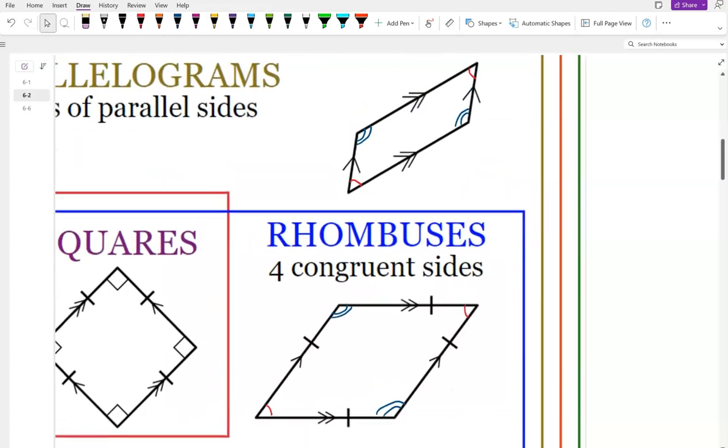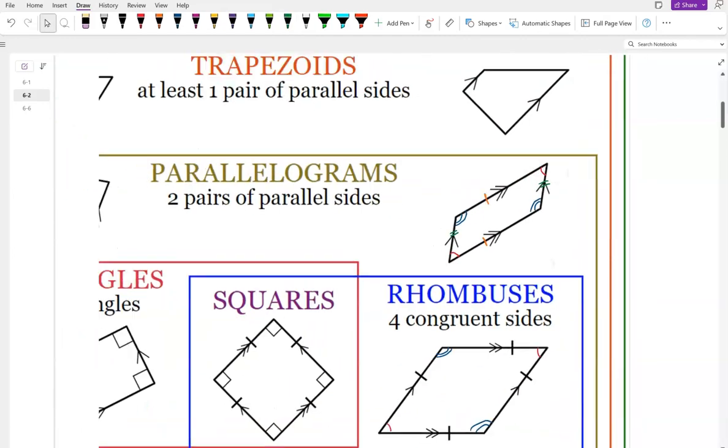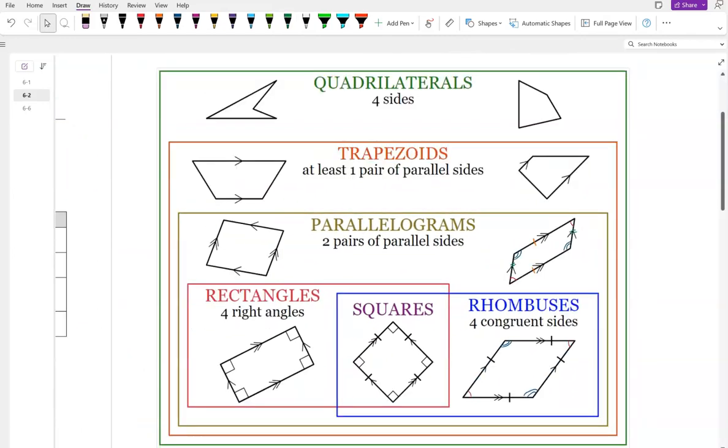The same thing happens for the sides. The opposite sides of these shapes are also equal. So this side would be equal to this one. And if I go the opposite direction, this side over here would be equal to this side. Just make sure you know that, because when you do your assignment, it's going to ask you questions or show you an image, and you have to decide which of those shapes it would fall under and why, and your reasoning needs to be accurate.